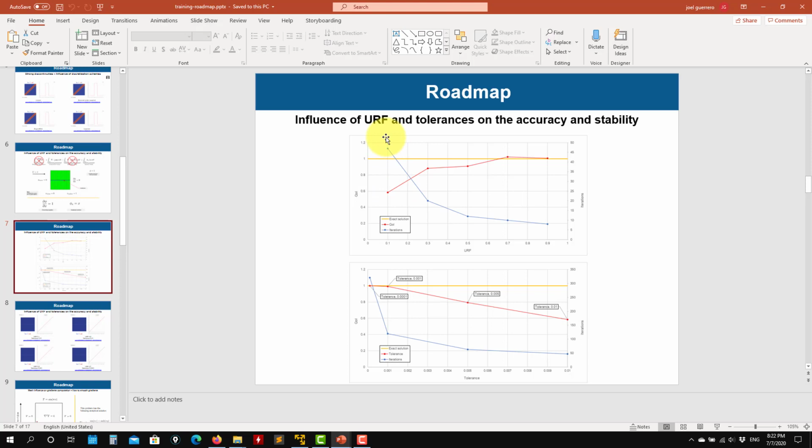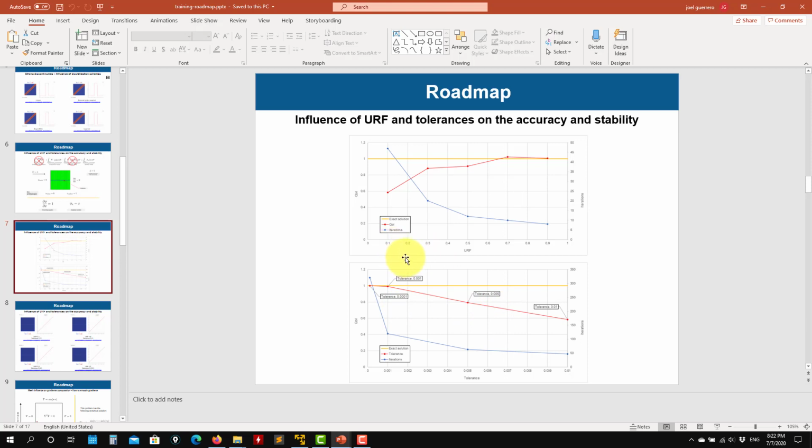The problem here is that it's not only the under-relaxation; you also have to take a look at the tolerances. So let's say we fix the under-relaxation at a given value, here fixed at 0.1. Now let's fix the under-relaxation and change the tolerance. We're fixing the under-relaxation in this case to 0.01.